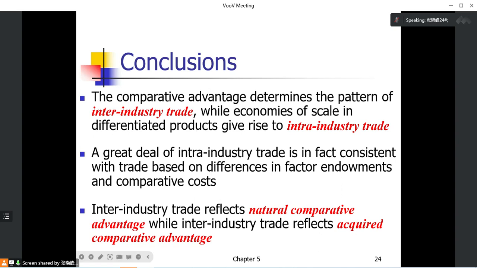The comparative advantage determines the pattern of inter-industry trade, while economy of scale in differentiated products gives rise to intra-industry trade.